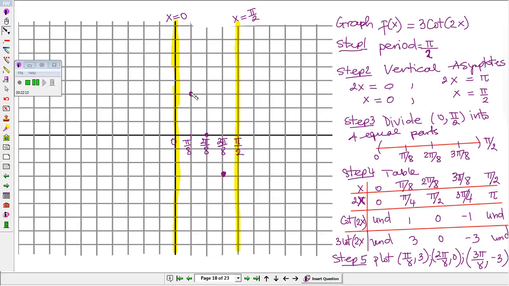After you get the 3 points, you need to connect the points with a curve and make sure that your graph doesn't intersect with the asymptote. I have to make sure I erase this. Sorry, my graph doesn't look good, so let me try to make it look better.